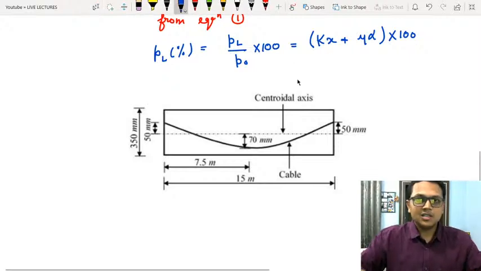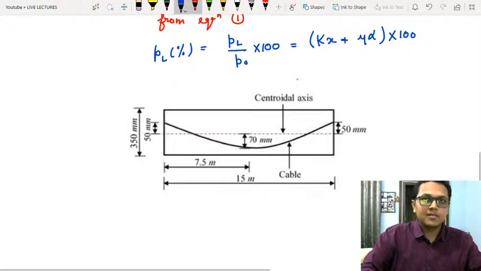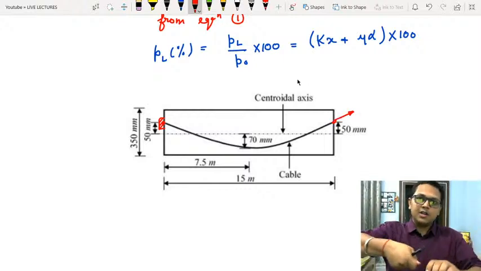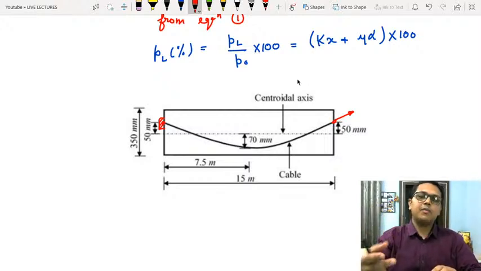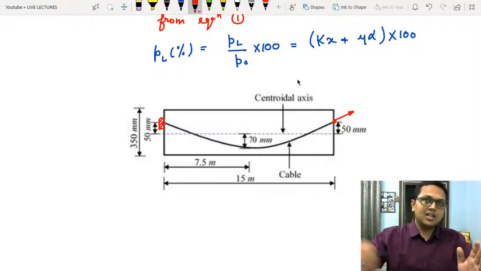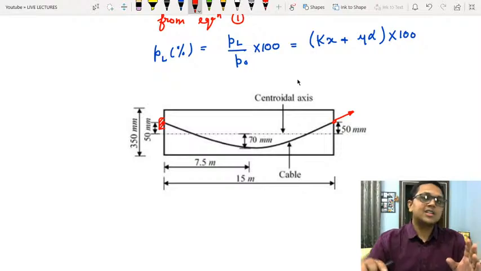Now what is happening is, suppose this end of the cable is fixed, and this end of the cable is tensioned. This end of the cable is pulled out. Since this type of losses take place in post-tensioned concrete sections, first the concrete section is casted, and there are ducts laid within the concrete section for the steel to be embedded into them.